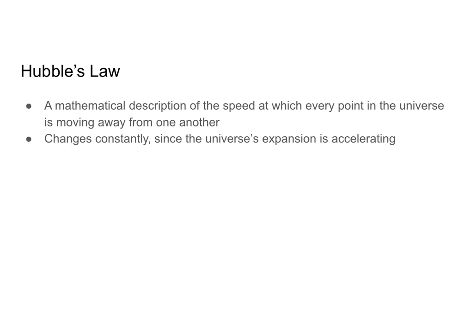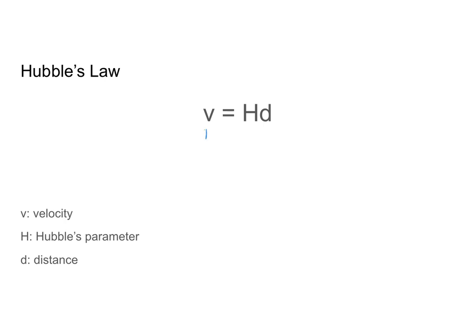Let's start with the description of Hubble's law. Hubble's law is a description of the speed at which every point in the universe is moving away from one another. But what's tricky about it is that it changes constantly because the universe's expansion is accelerating. Hubble's law states that the speed at which an object is moving away from us is equal to Hubble's parameter times the distance from Earth to that object.